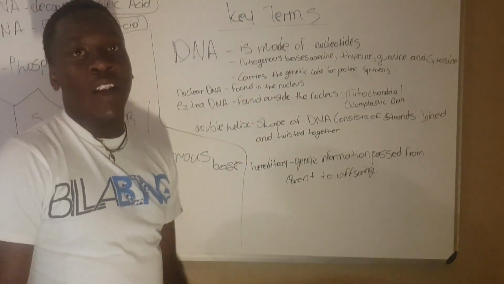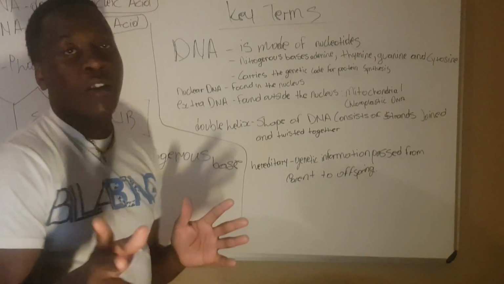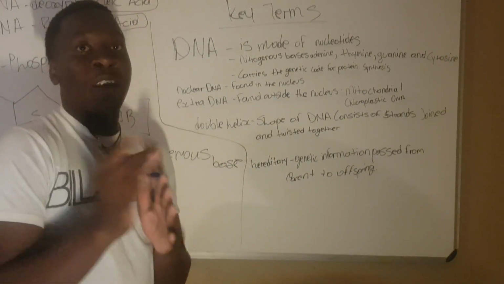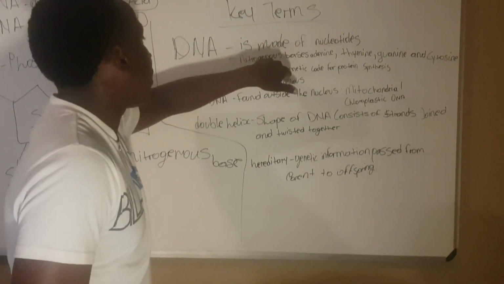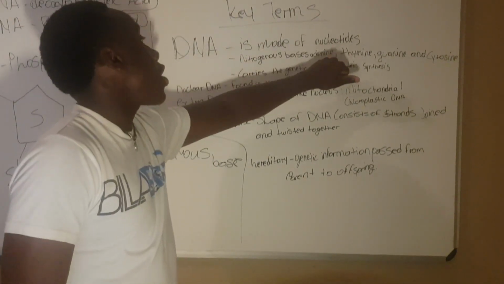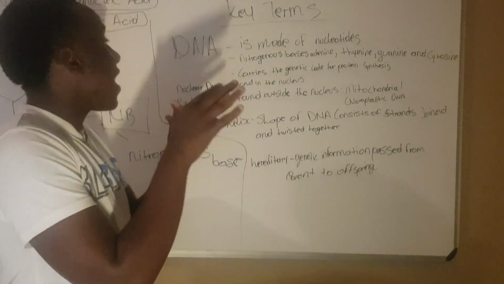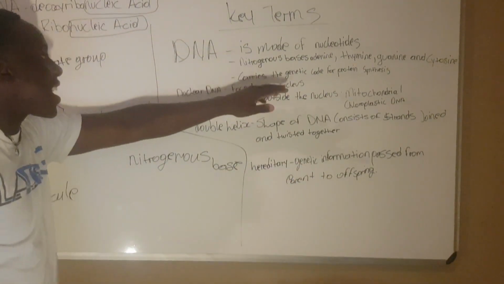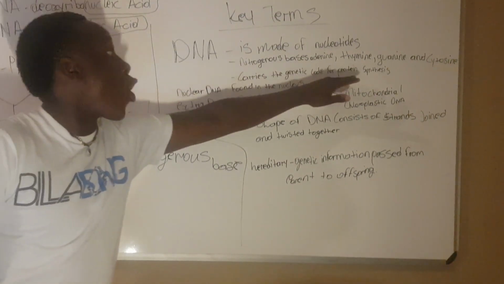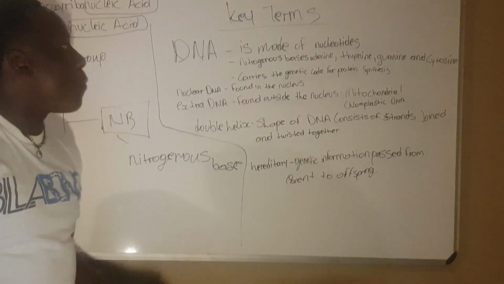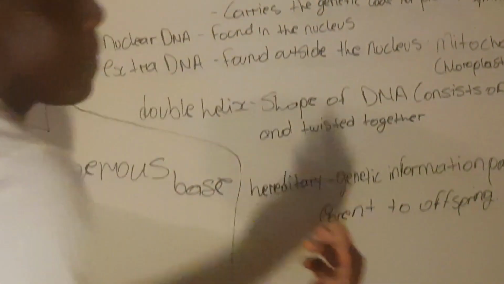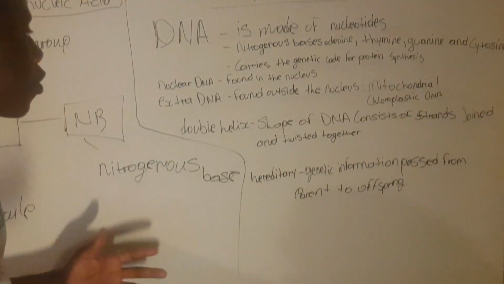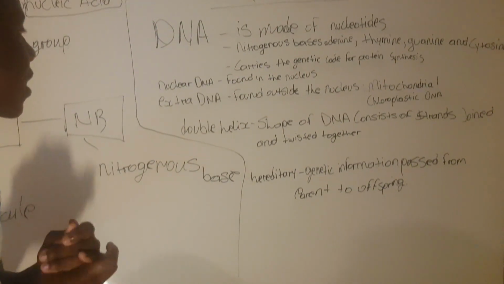One is different. Find out in the next video. The way these nitrogenous bases are structured, they carry a genetic code for protein synthesis. Basically, the way they are structured determines which protein is made. We're going to talk more about that in the next topic.